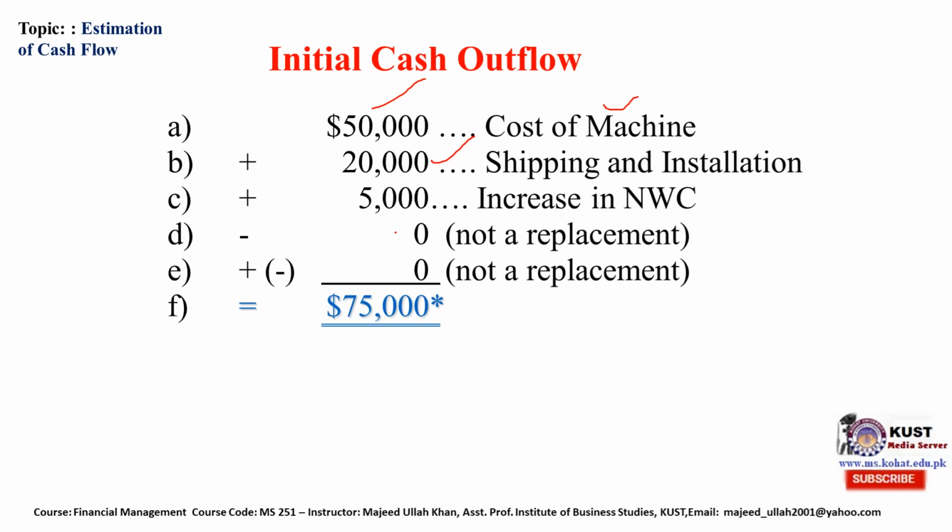Increase in working capital will be added, that is 5,000. No replacement cost of the old machine, no salvage value of the old machine as well. So 50,000 plus 20,000 plus 5,000, 75,000 is your initial cash outflow, ICO. Cost of machine, capitalized expenditure, increase in net working capital.